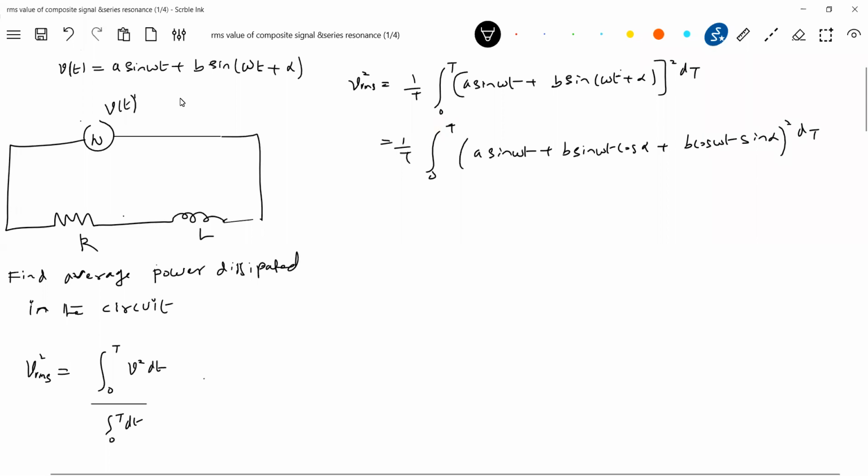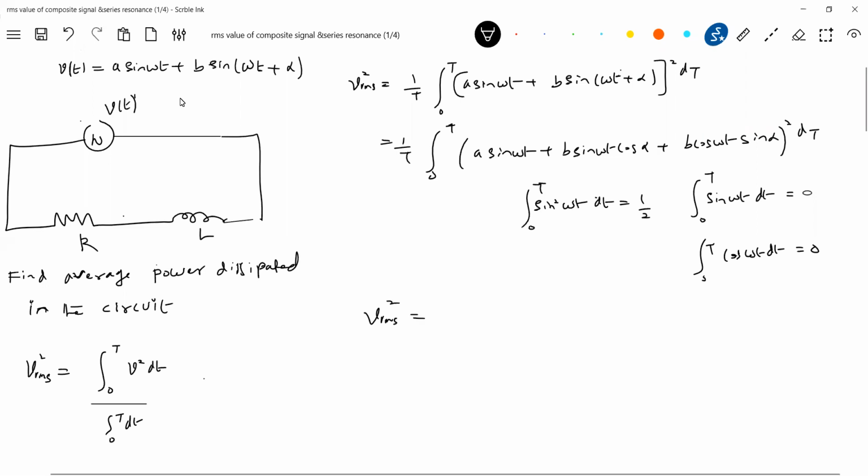The integral of sine square omega t over one full cycle should be 1 by 2. The integral of sine omega t dt over one full cycle will be 0. You have to follow this. So if I solve this, I'll end up with an equation like this.